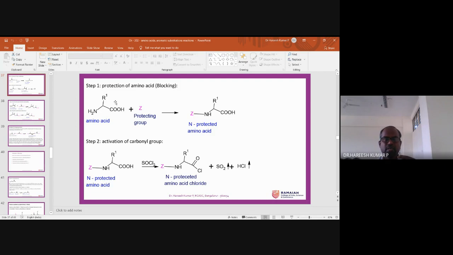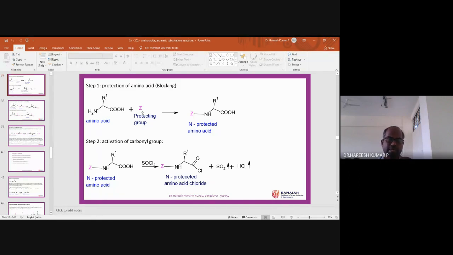So this is called the protecting group. Maybe after one or two slides, we will go to the protecting groups themselves, more particularly the amino protecting groups. We will discuss them one by one.